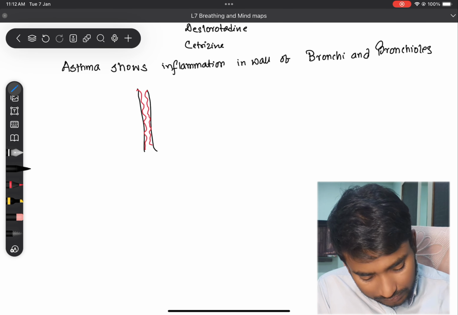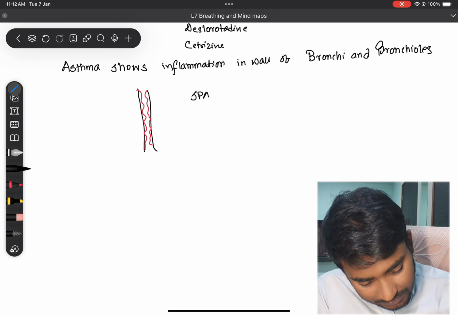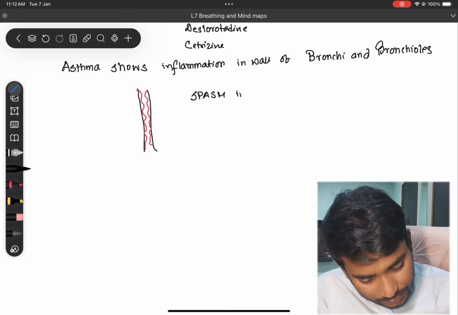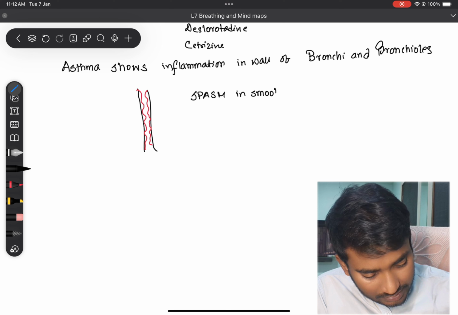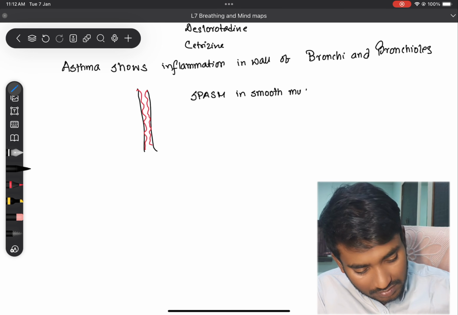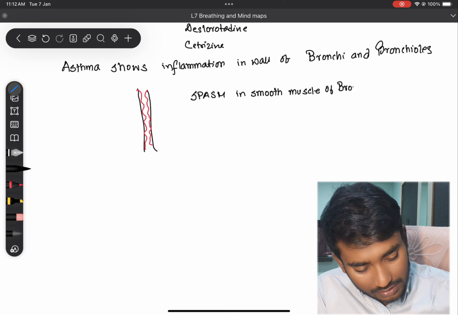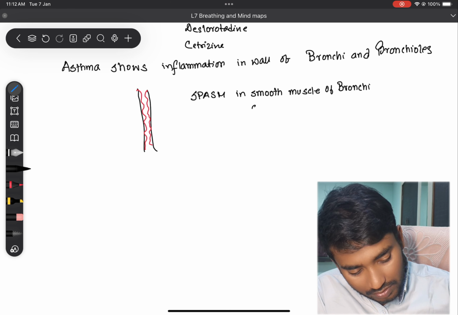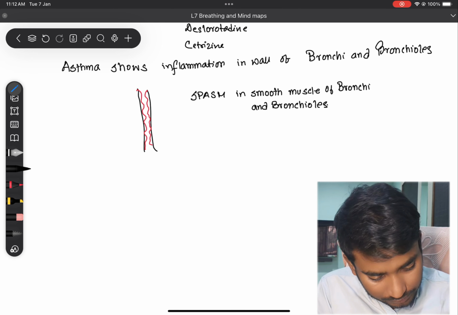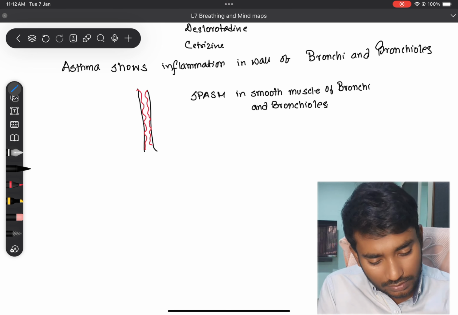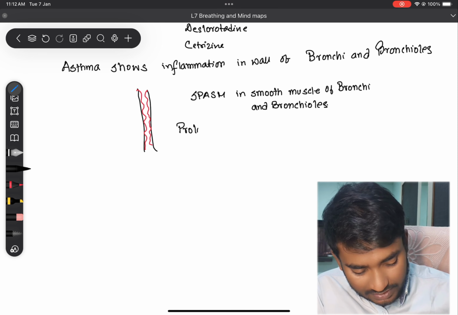Okay, now spasm in the smooth muscle of bronchi and bronchioles. So prolonged contraction happens here.